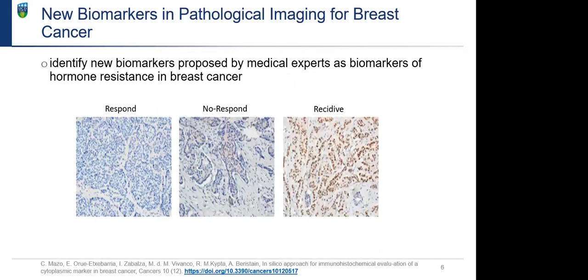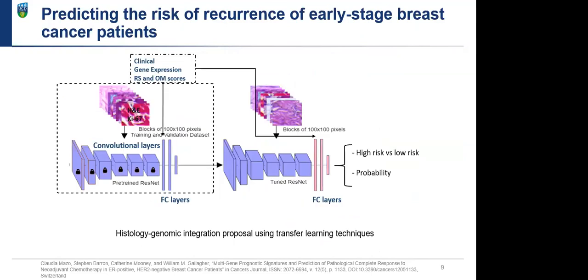In this one, we have a reduced number of images. I don't remember exactly the number, sorry. In this case, we had more than 6,000 blocks per class, but we are trying to get more.